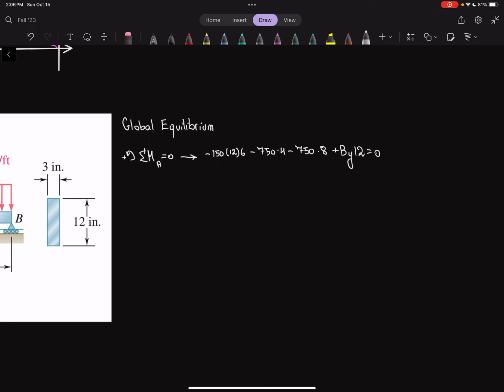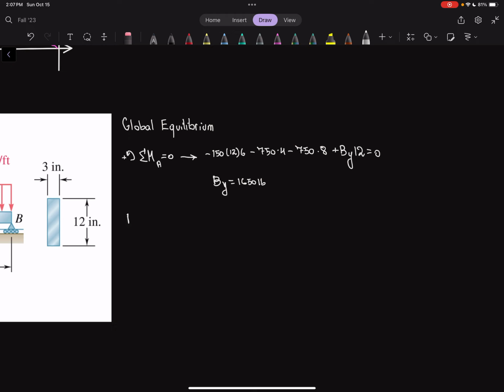So let me do that real quick. 150 times 12 times 6 plus 750 times 4 plus 750 times 8. All of that divided by 12. You get 1650. So By is equal to 1650 pounds.